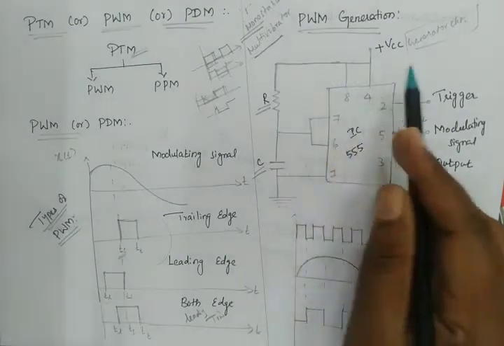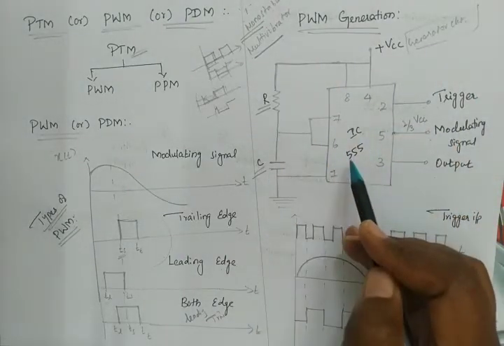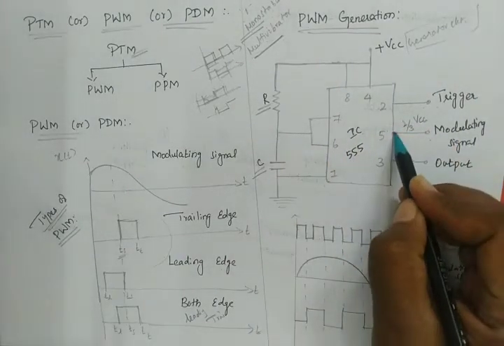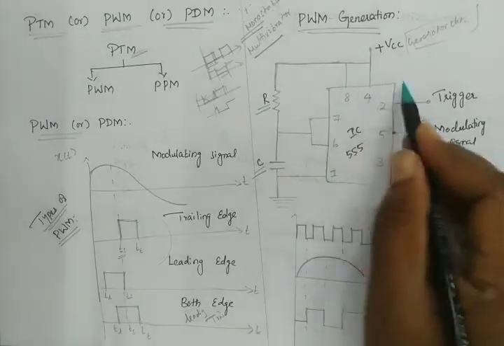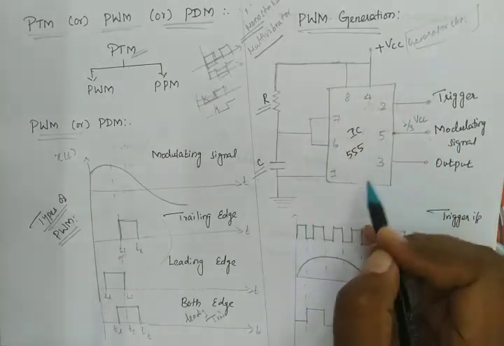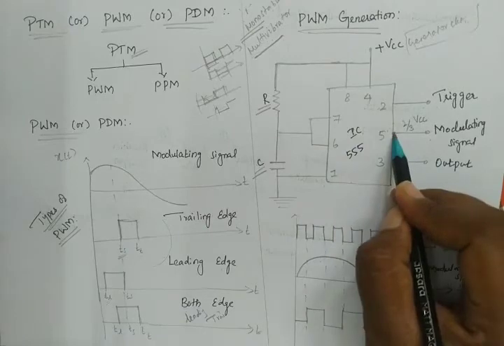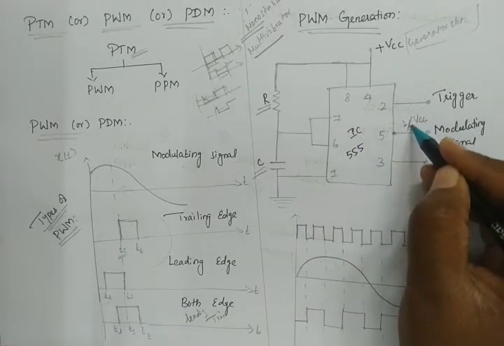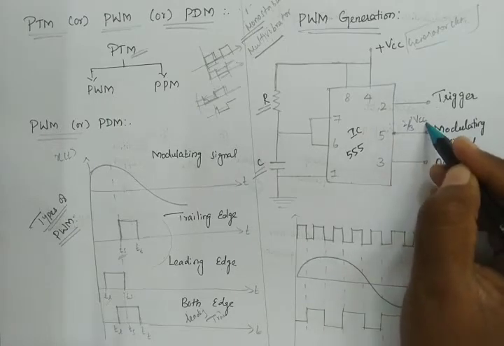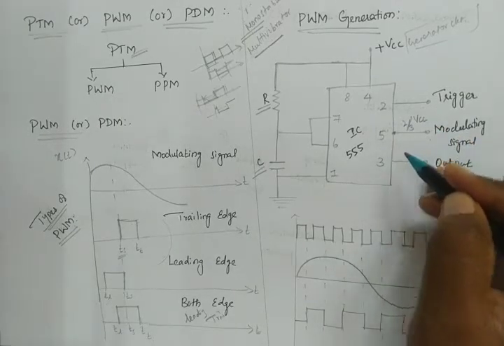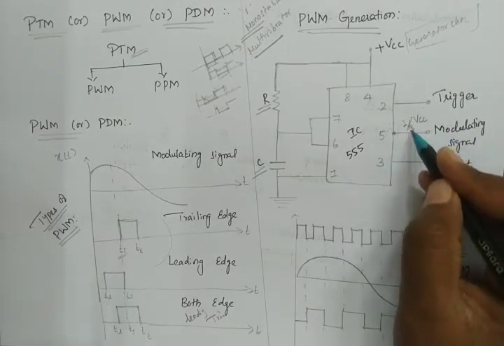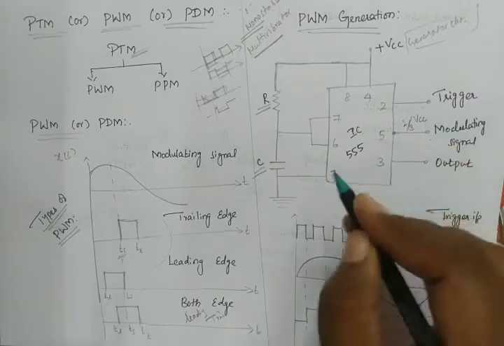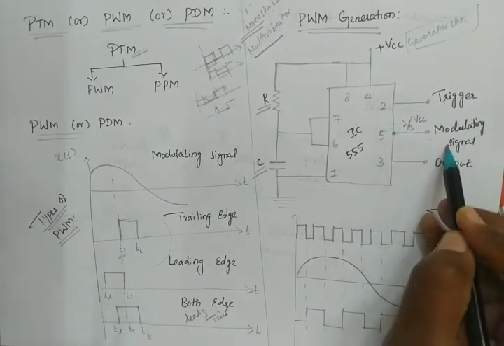Now let us move on to the working of this. So how will the circuit work? Already I said, if we see the pin configuration of IC555, in the fifth pin we have the control voltage, and initially, internally, it is adjusted to 2/3 VCC. Now what happens? We are giving a modulating signal here.